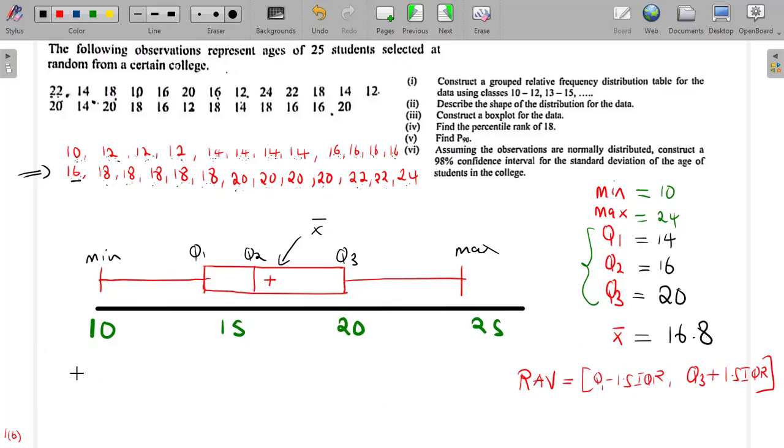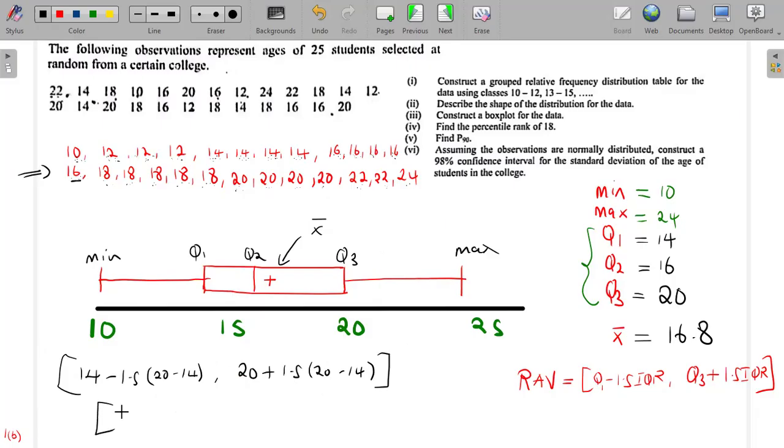So Q1 is 14 minus 1.5 times the interquartile range, which is Q3, 20, minus Q1, 14, comma, Q3, which is 20, plus 1.5 times 20 minus 14. So what do these give us?